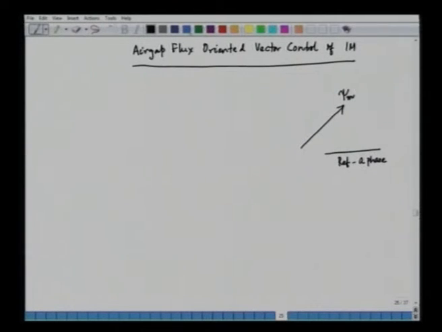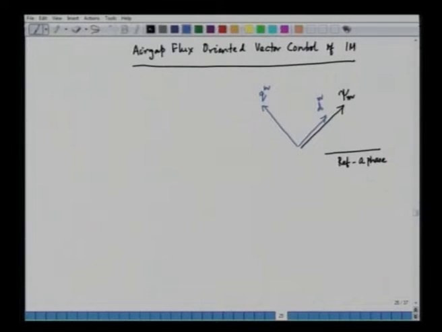We orient our d axis along the air gap flux vector. This is our d axis, and we call this d m, and the q axis is at right angle to the d axis. This is the q axis, and we call this q m.